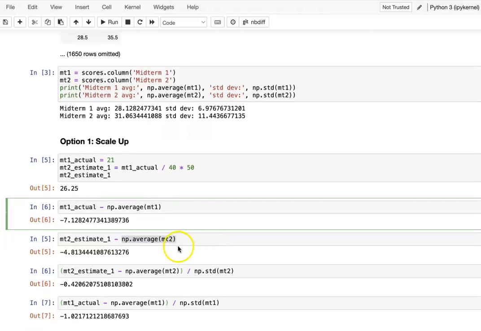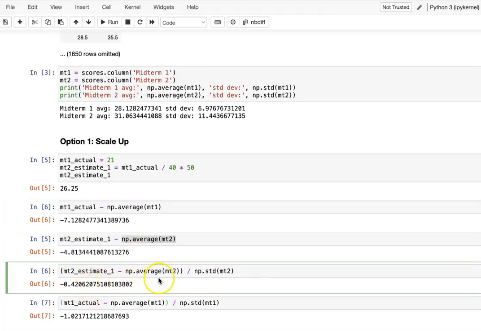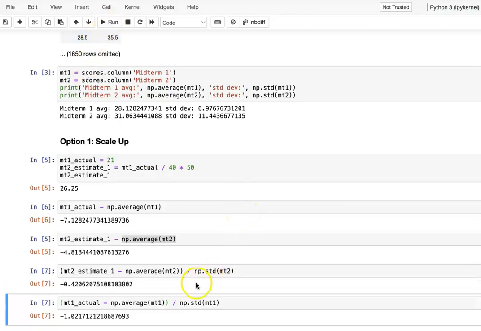But you see, comparing to the average is not enough, right? Because we learned the standard deviation. We also want to see from the standard unit how they look. That will be more clear. For midterm 2, using the estimate value, we subtract the average for midterm 2 and divide by the standard deviation. So the standard unit will be negative 4.2.